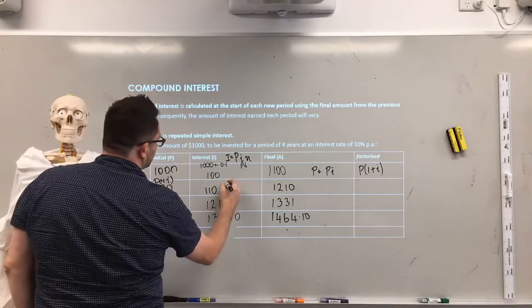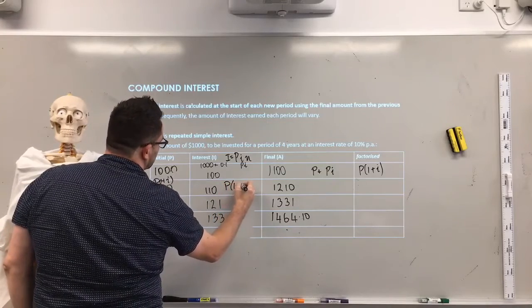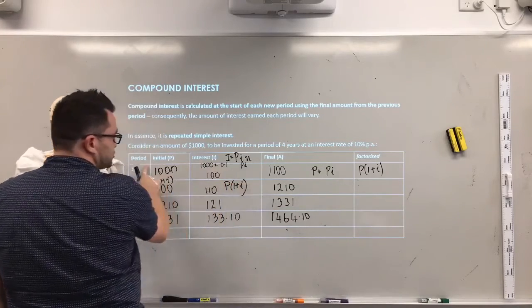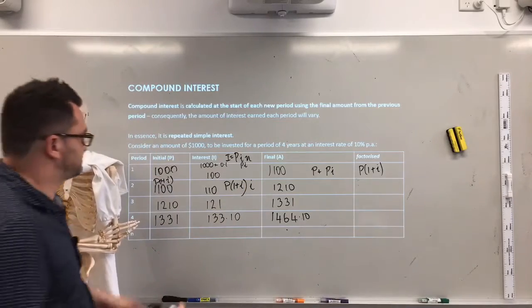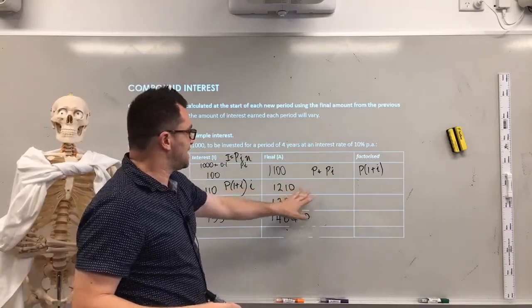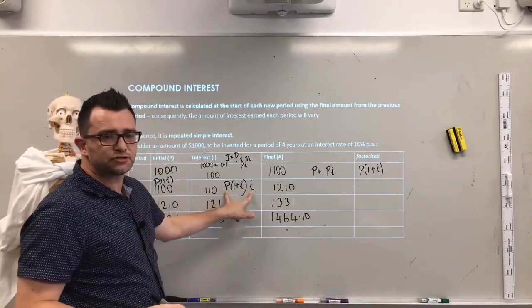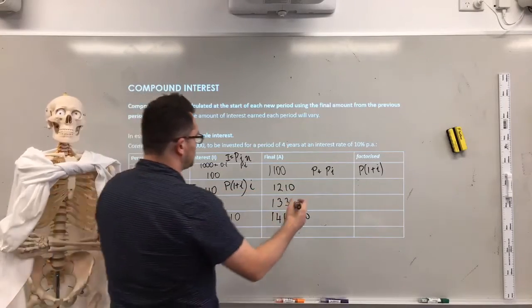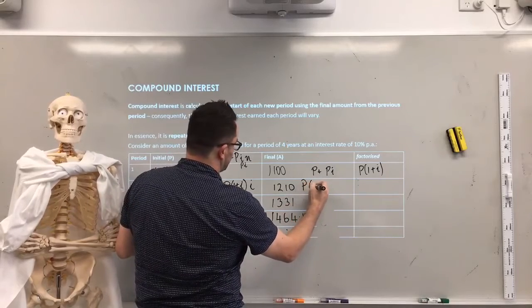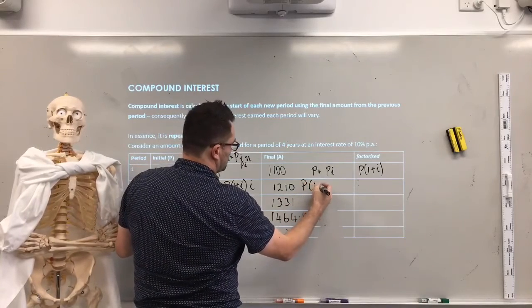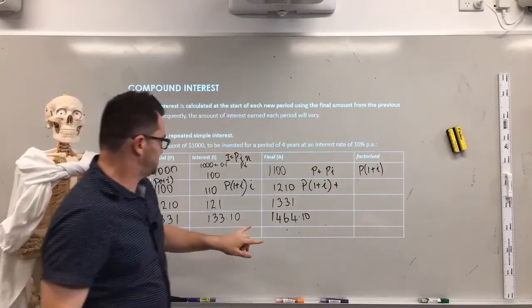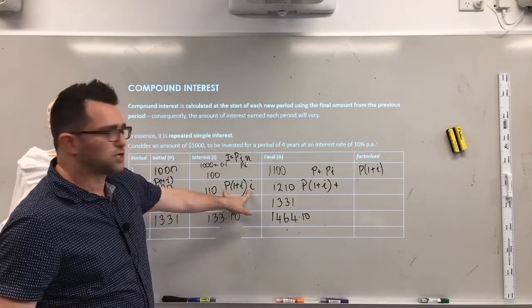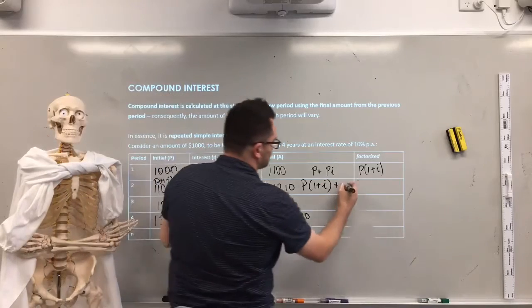So we had the principal times 1 plus I, and by principal I mean the original principal, and then we multiplied that by I again. Then we added this interest to our principal. So we said, well, this was the principal times 1 plus I, and then we added principal times 1 plus I times I.